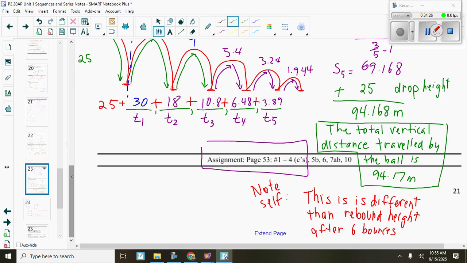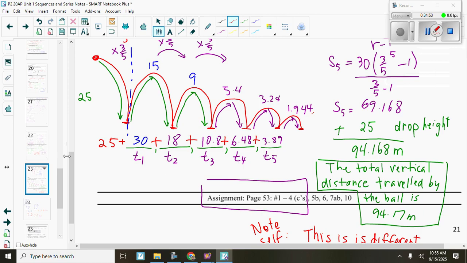They might give you either-or kind of questions. They might ask you, what is the rebound height? In that case, they're looking for this number, just the rebound height, the term number. But if they want to know the combined vertical height, it goes up, it goes down, that's how the sum would work. If they just want the rebound height, that would be a term thing. So this would be term 1, term 2, term 3, term 4, term 5, term 6.